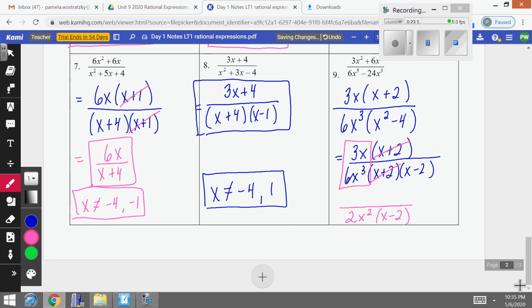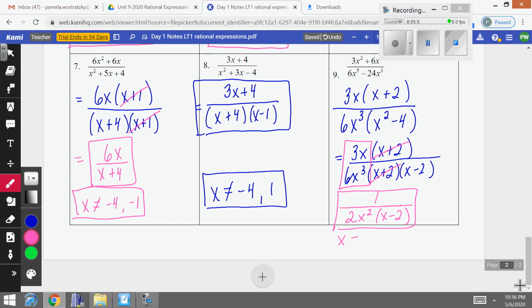What do we have left in the numerator? Just a 1. Again, when we reduce those, it's not just like crossing them off. We can cross them off because x plus 2 divided by x plus 2 is 1. X divided by x is 1. 3 divided by 6 was 1 over 2. So that 1 is in the numerator.